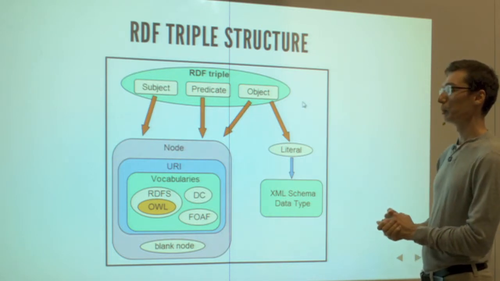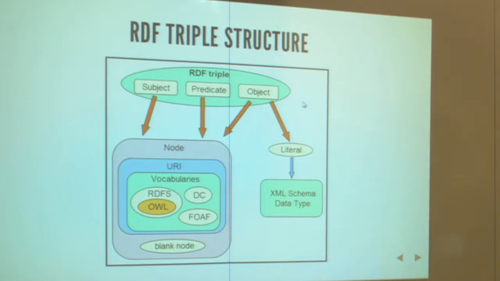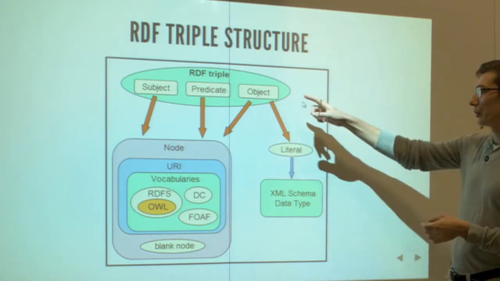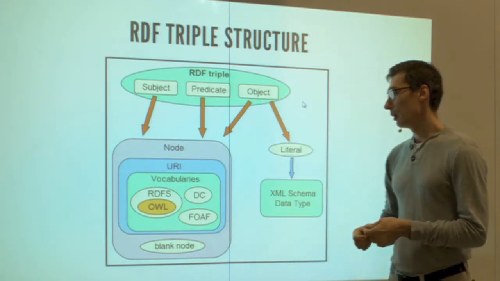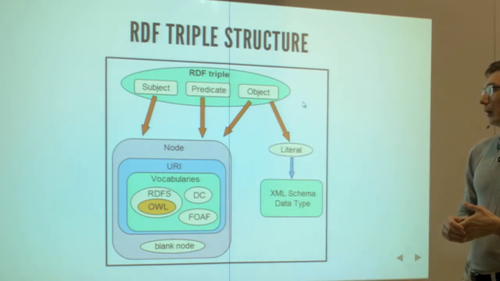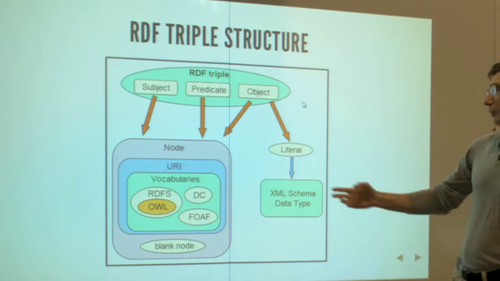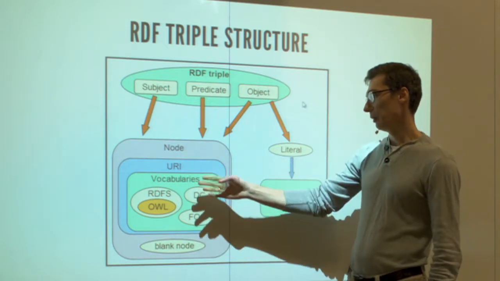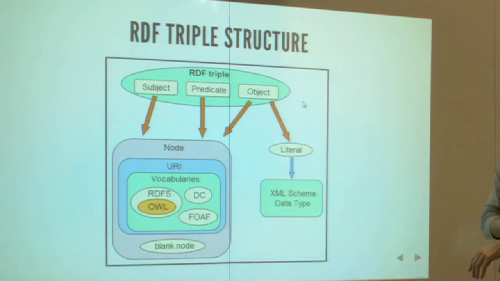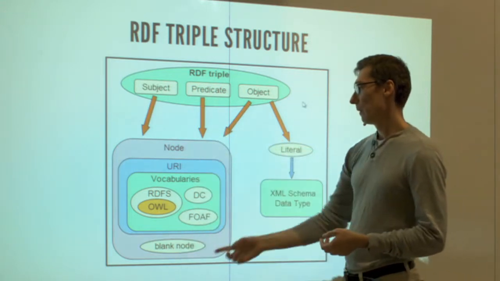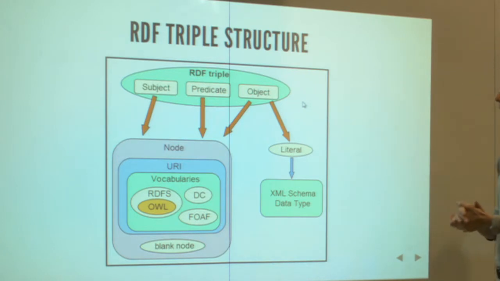It consists in formulating everything in the form of triples: subject, predicate, object, where all three might be basically a URL, if you simplify. This tells a bit more, but for our purpose it doesn't matter.